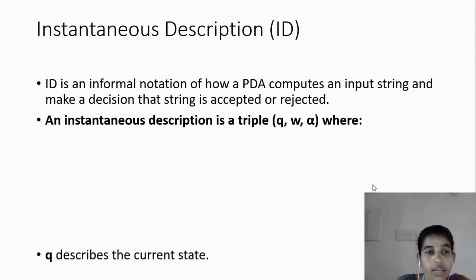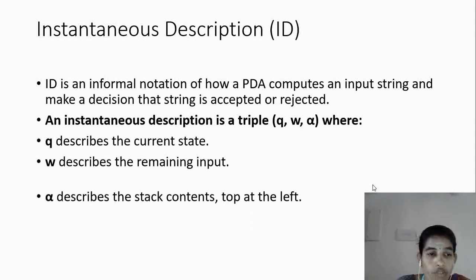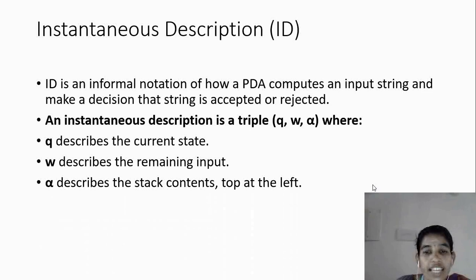Here Q is your current state and W is your input. At the starting condition, you have the full length of input. After reading the first element, the remaining input is still waiting to be read on the input tape by your finite control. The last one, alpha, is your stack content, meaning the top of the stack.